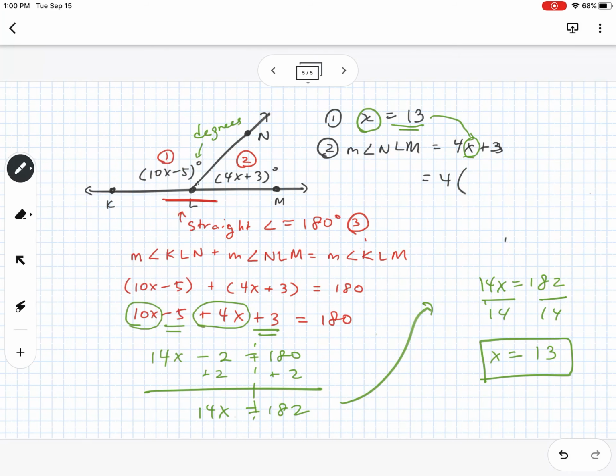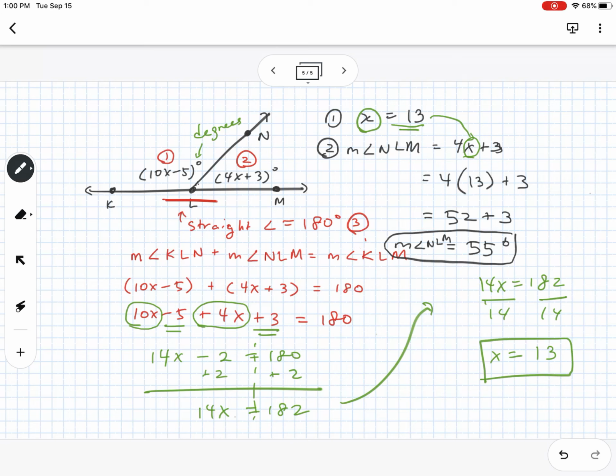So this gives me 4, and when there's no symbol in between them, that means we're multiplying. So 4 times 13 plus 3, which is 52 plus 3, which is equal to 55 degrees. And so that's the measure of angle NLM. Okay, so I'm done with my second part.